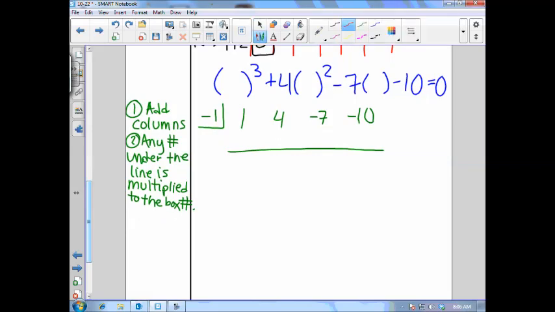Okay, so we add up the columns. 1 plus nothing underneath of it is 1. Now when I take this 1 and do what with it?